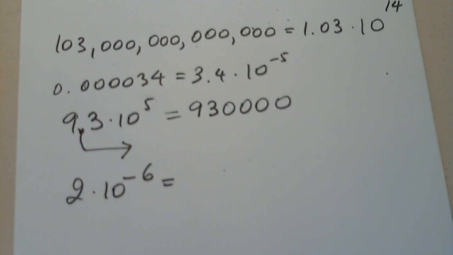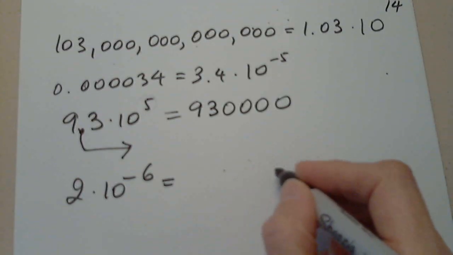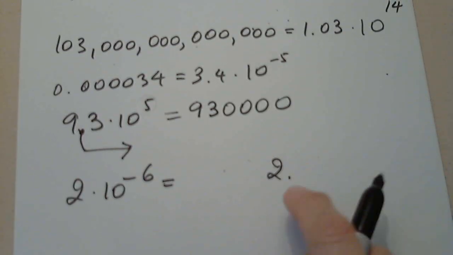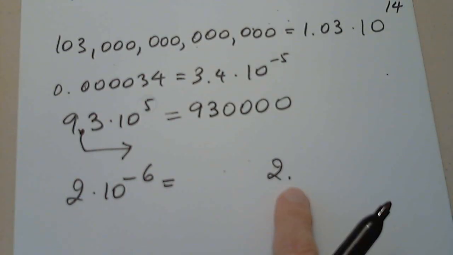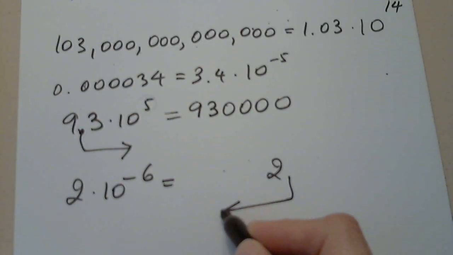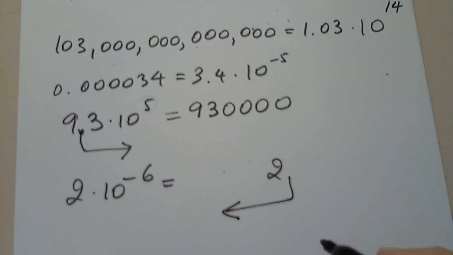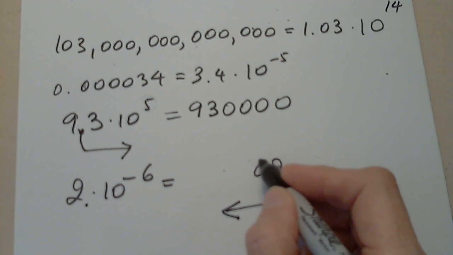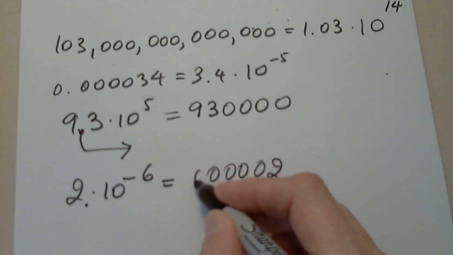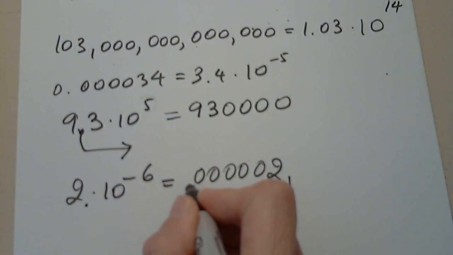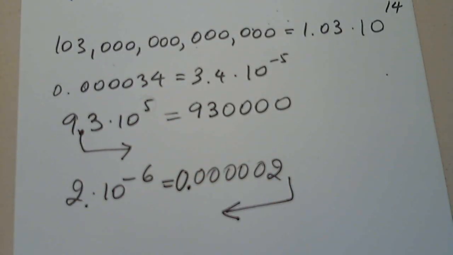Good. So now the decimal point, which is here after 2, has to be moved to the left 6 spots. Why? Because this number is very small. Since it is right here, I have to move it 6 to the left. 1, 2, 3, 4, 5, 6, and put the decimal point in front of it.